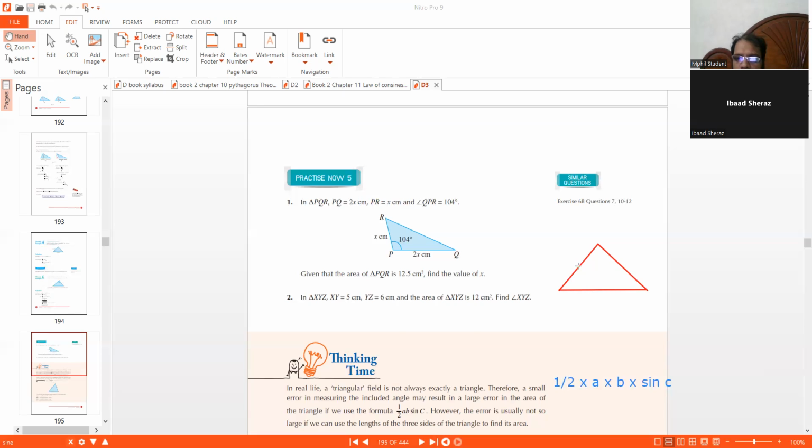Let's say this is side XY and this is side YZ. We have to find this angle. The total area is given, 12 centimeters squared. So, what is the angle XYZ?